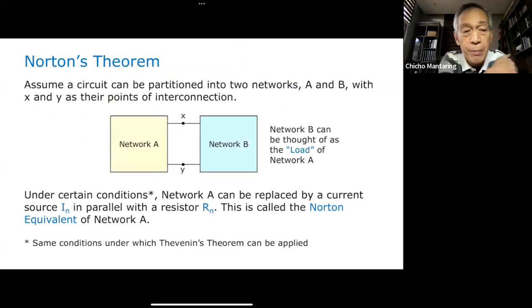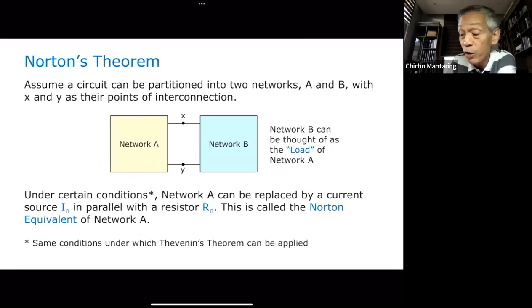Okay, Norton's theorem. The same assumption: you have a network that can be partitioned into two, network A and network B, where B can be thought of as the load of A. Under certain conditions, and you're going to find out that these are the same conditions under which Thevenin's theorem can be applied, network A can be replaced by a current source I_N in parallel with a resistor R_N.